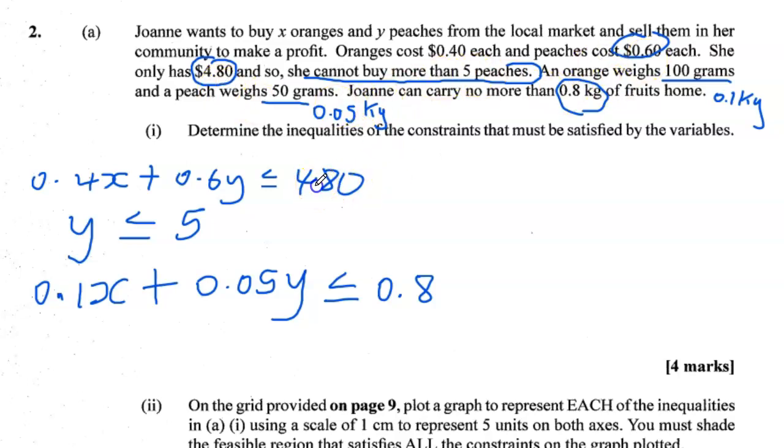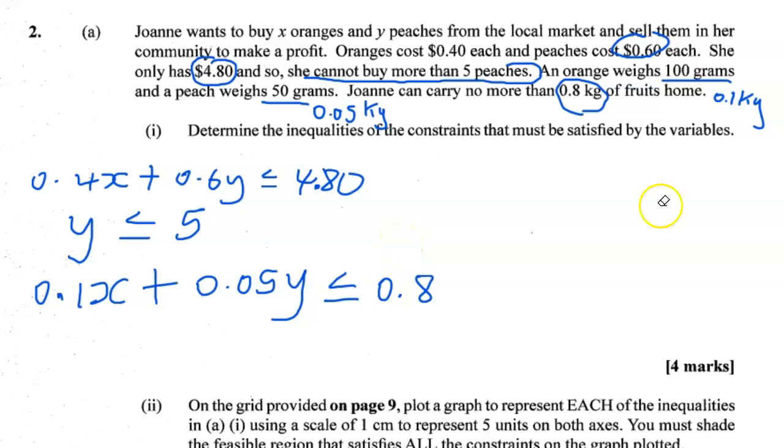Can we simplify? I guess we can just leave these as they are, $4.80. Alright, can we simplify? I guess we can just leave these inequalities as they are.